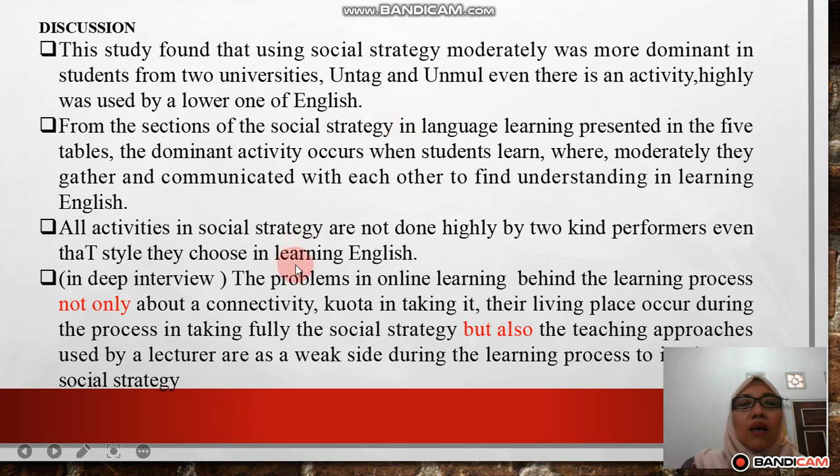When asked about the problems behind that in the interview, generally they said that it is about connectivity, quota, and their place of living, and also the teaching approaches used by the lecturer still being a weak side during the learning process.